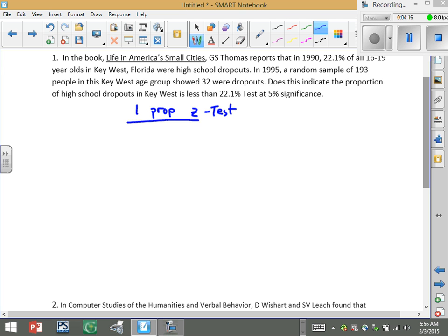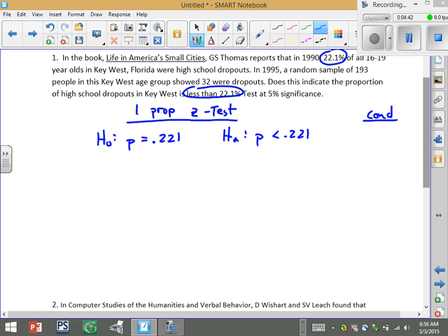Instead of a one proportion z-interval, it's a one proportion z-test. All right, so H0, HA. So this 22.1%, that's the claimed value. Somebody claims that it is 0.221. We're looking, is it now less than 0.221?